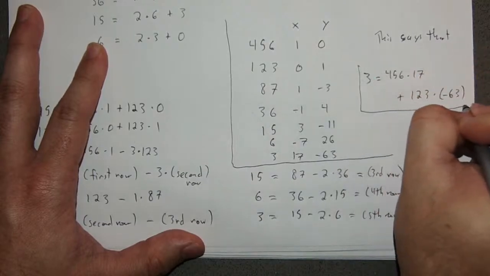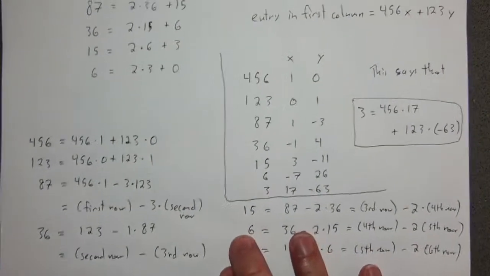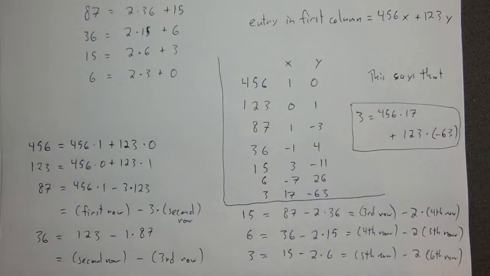Now, if I had asked you to do that without the benefit of the extended Euclidean algorithm, it's not at all obvious immediately how you could come up with these integers, how you could come up with 17 and minus 63 here. But this is an example. So this nice, fully worked out example is essentially all you need to make this work out.